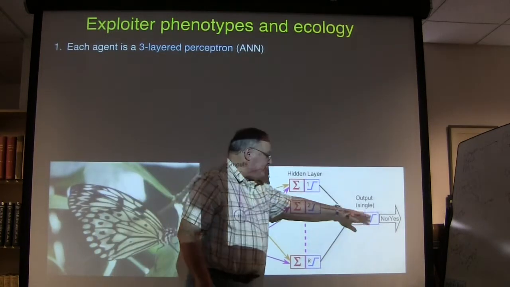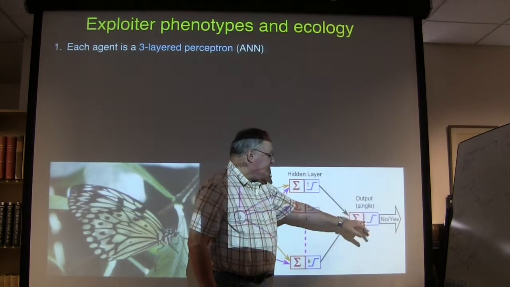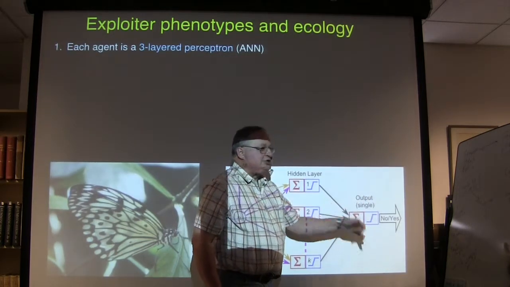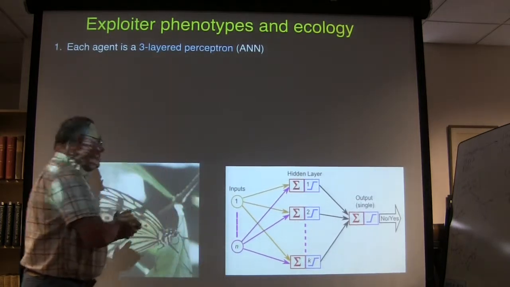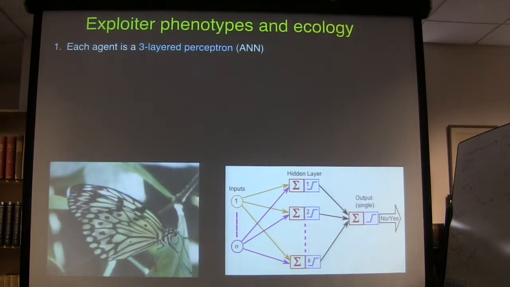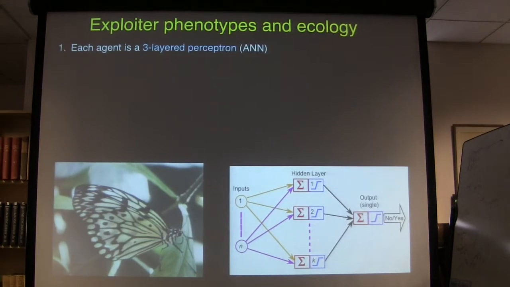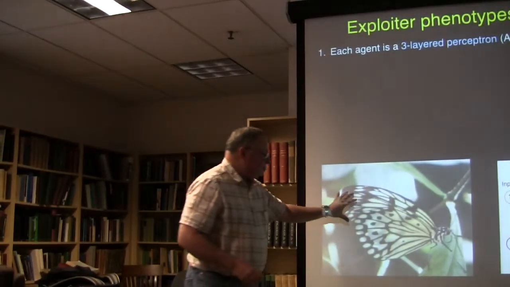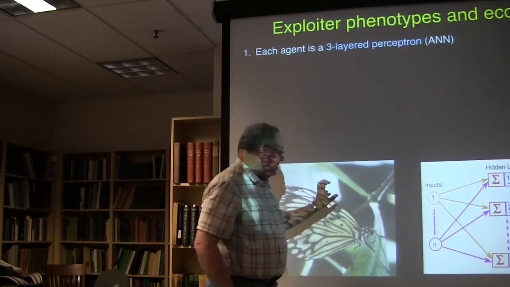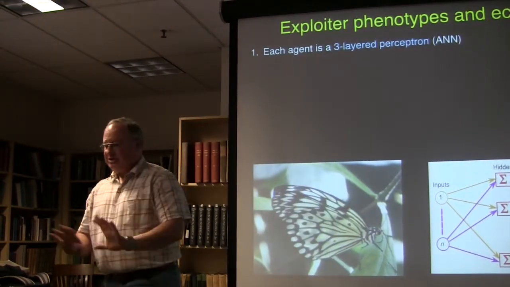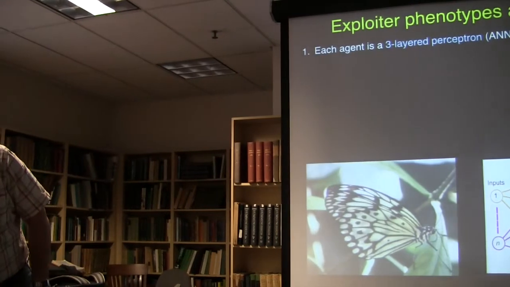And if we want to do more than yes-no classifications, if you've got n outputs, then you can get 2 to the n different categories. So this is an artificial neural network, also known as a multi-layered perceptron, that does classification. And these individuals are flying around, they're looking at the inputs, and they're classifying them into, this is something I want to exploit, or this is something I don't want to exploit.